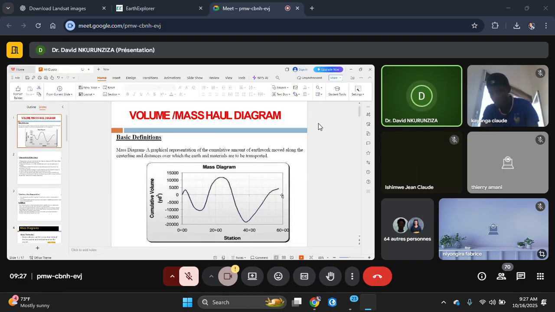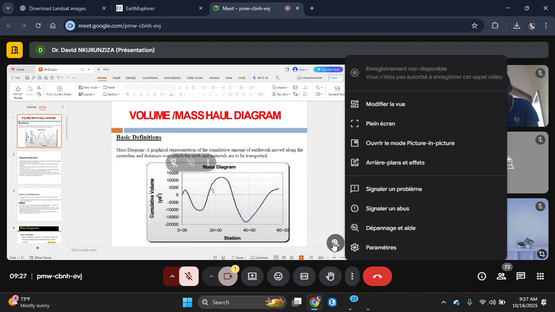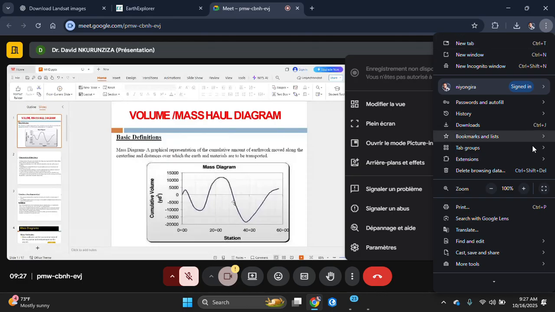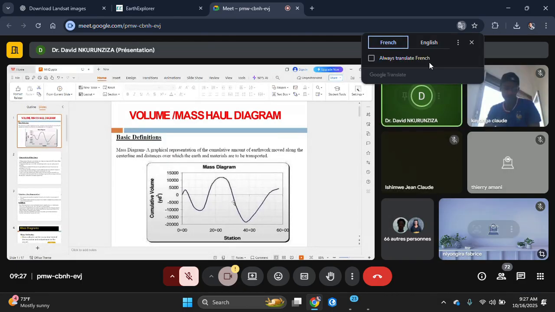Whereas we have falls. For example, this part here is falling down. So falls will be indicating that fill is taking place.